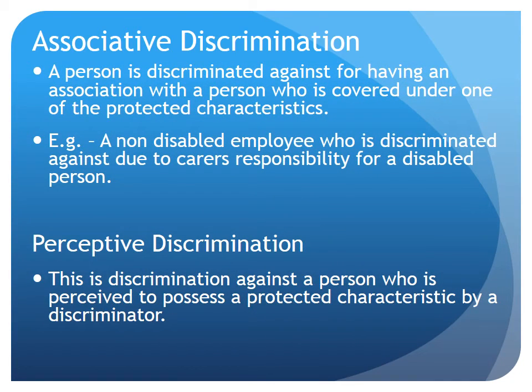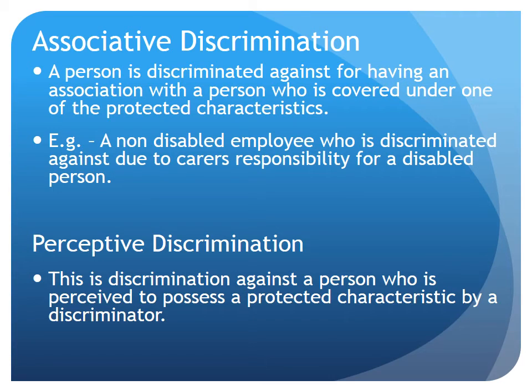Other forms of discrimination, not required for Assessment Criteria 2.4 but still useful to be aware of, are associative discrimination and perceptive discrimination. Associative discrimination is when a person is discriminated against for having an association with a person who is covered under one of the protected characteristics.